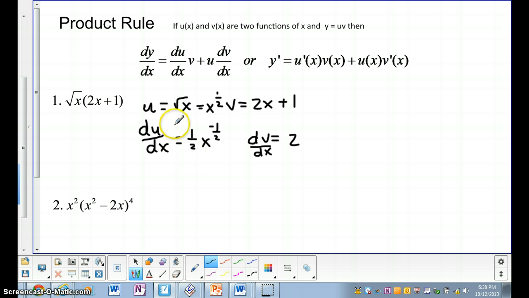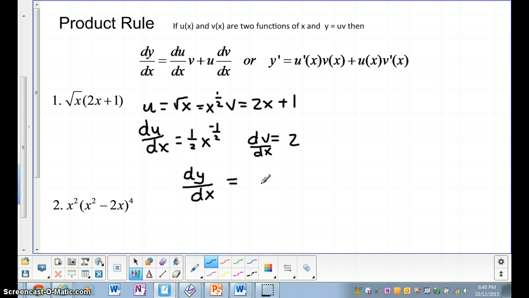So now we will plug into our formula to find our derivative of y. Our derivative of y with respect to x is the derivative of u times v plus our derivative of v times u. And we're just using this formula.